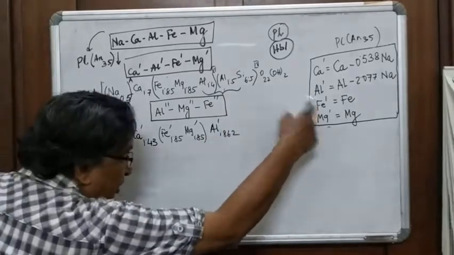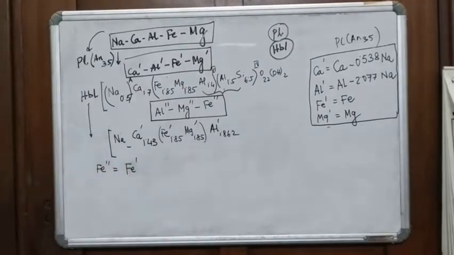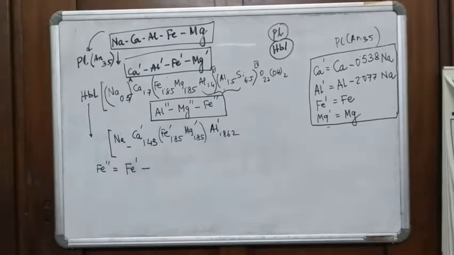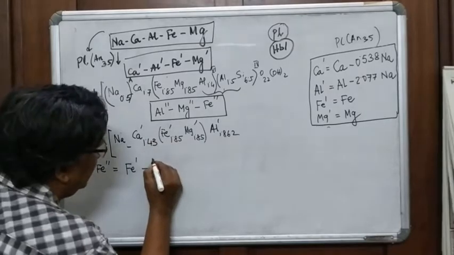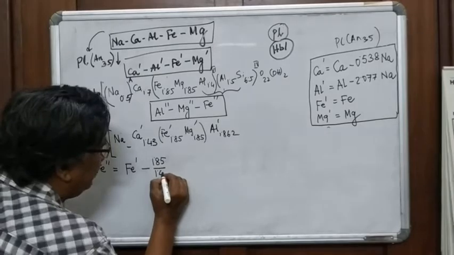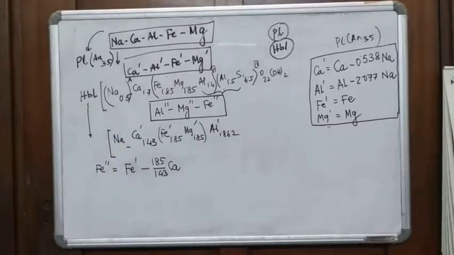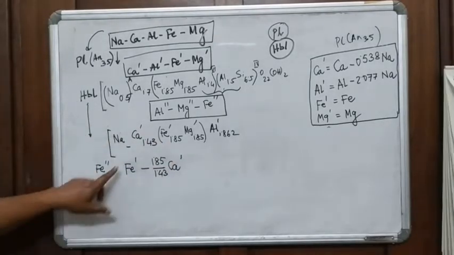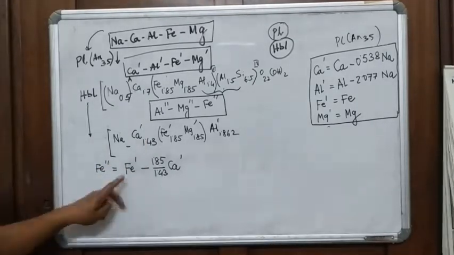It will be based on Fe prime minus 1.85 divided by 1.43 Ca prime. Fe prime would be Fe in whichever mineral will come in for projection.